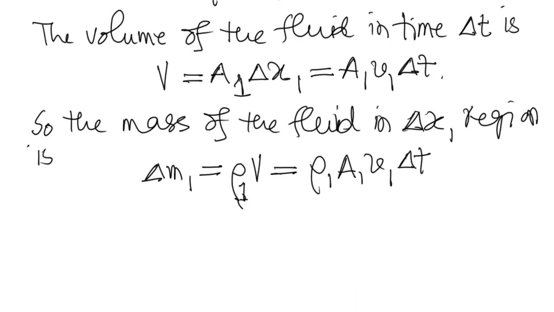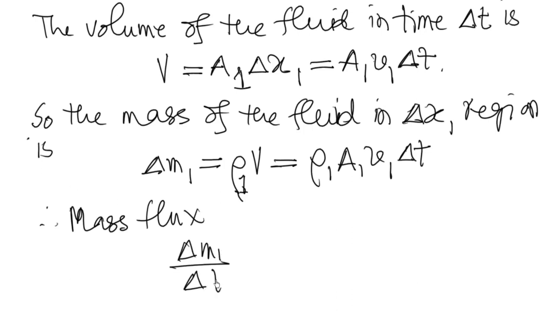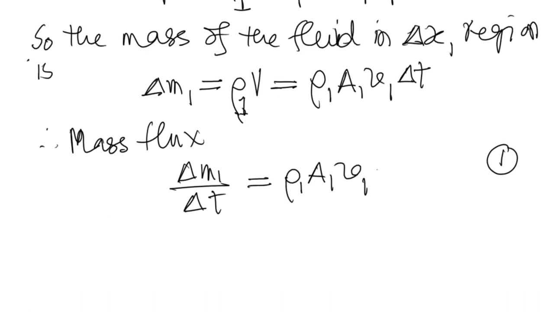Therefore, the mass flux is delta m1 by delta t equal to rho 1 A1 v1. Let us say this is equation 1.